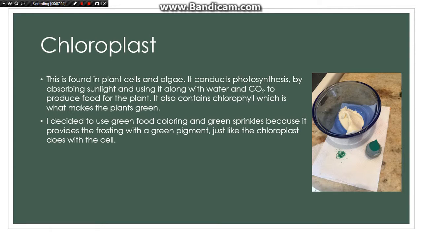So chloroplast is only found in algae and plant cells. It conducts photosynthesis by absorbing sunlight, and it uses water and CO2 to produce the food for the plant. It also contains chlorophyll, which makes the plant green.